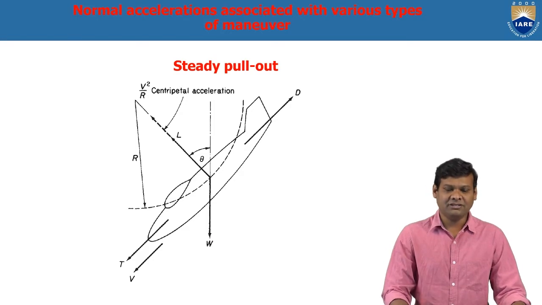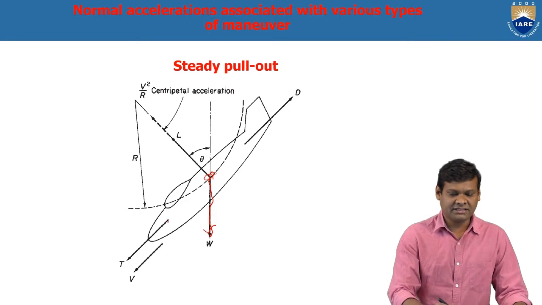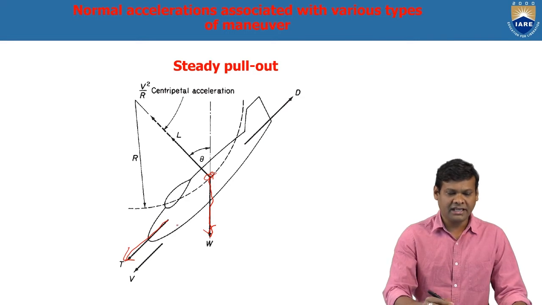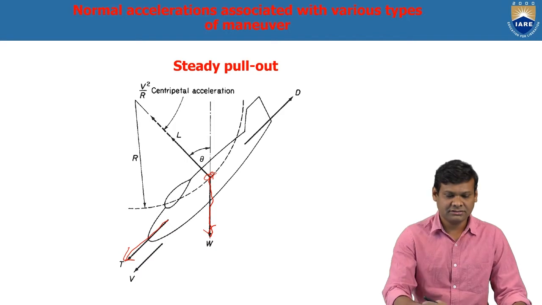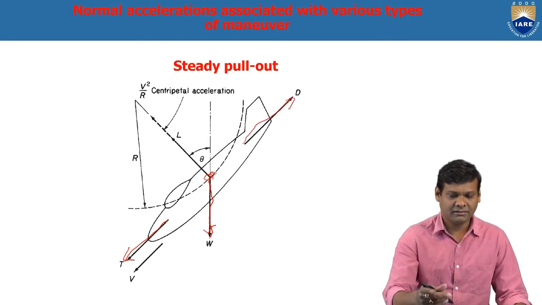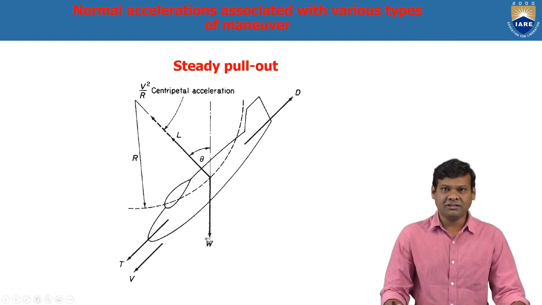Let us identify the forces. First, the weight W is always directed downward, towards the center of gravity, and thrust T is acting in this direction, and parallel and opposite to the thrust there is another force called the drag force D. The other two important forces we need to consider are the lift force and the centripetal force or centripetal acceleration.